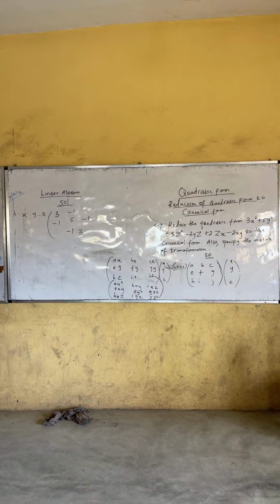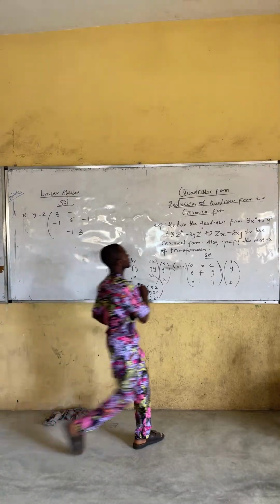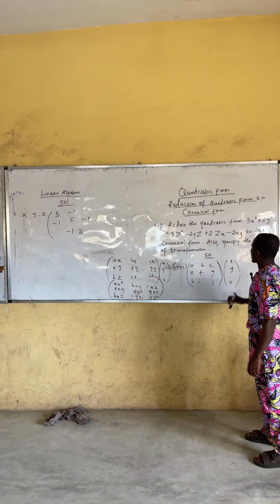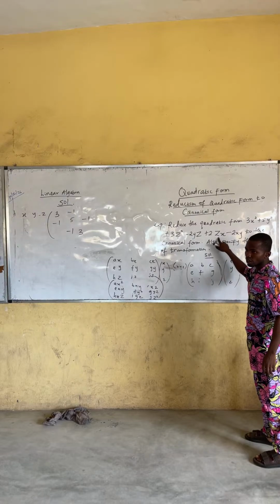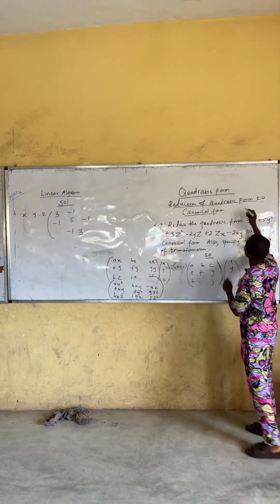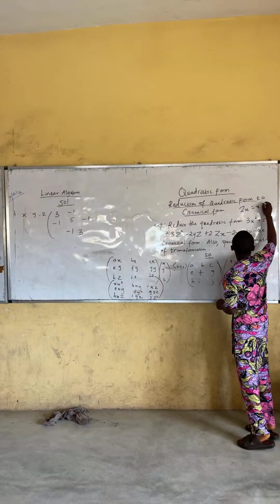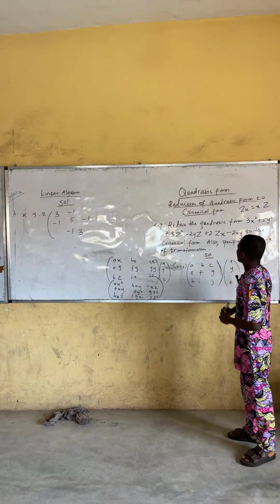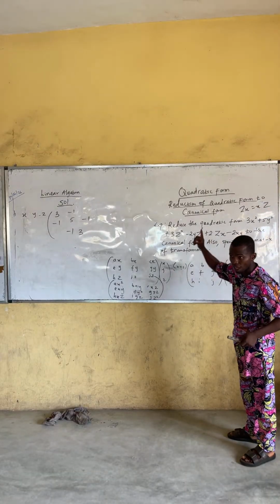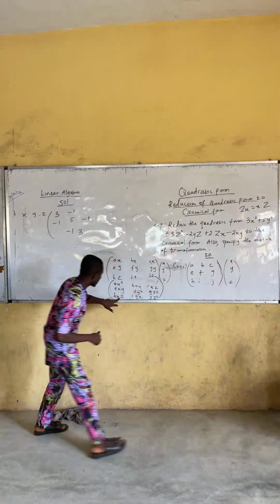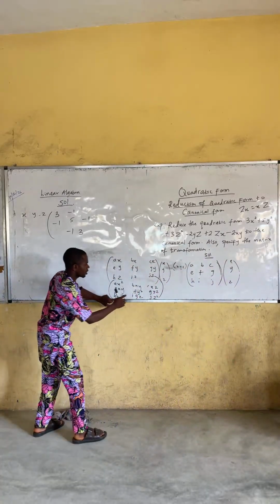Do you understand it? And the last one is what? ZX, plus 2, or XZ. ZX is still XZ. So for XZ, we're having plus 2 divided by 2. That is 1. Where is our XZ? XZ is here, and XZ is here.